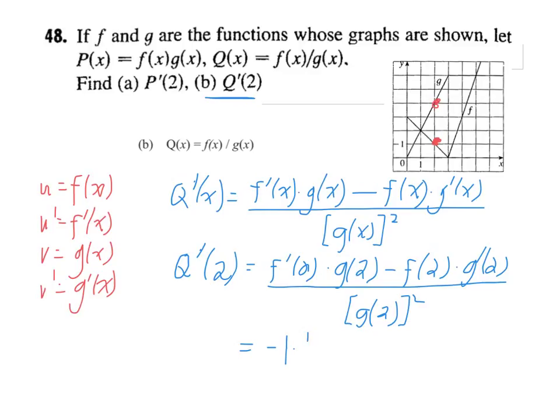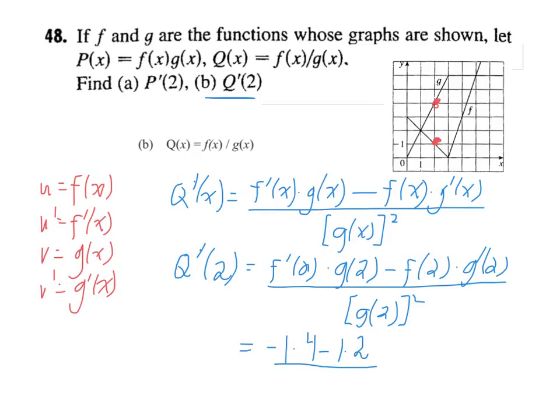We said that was 4. F of 2 also refers to a y-coordinate, but this time on the f graph. That's 1. And the last part of the numerator, g prime of 2, now goes back to derivative, slope of the tangent line, at x equals 2. We counted that in the last screen as up 2 over 1, or 2.